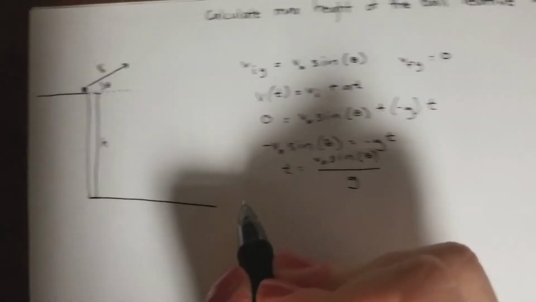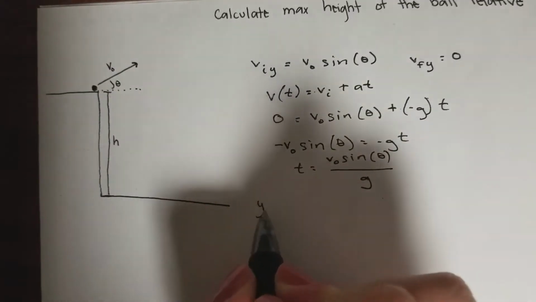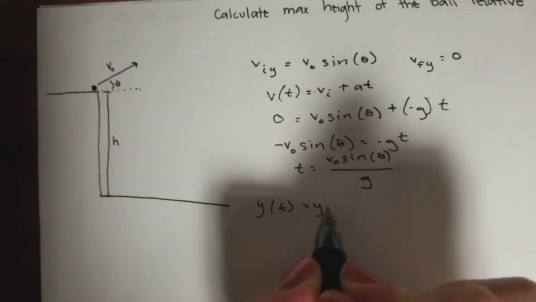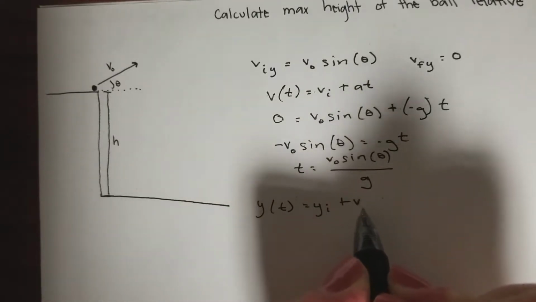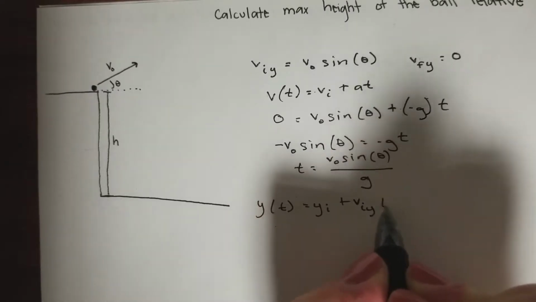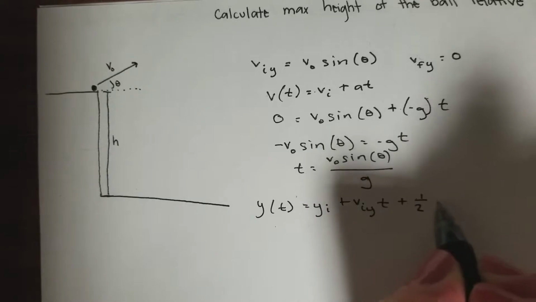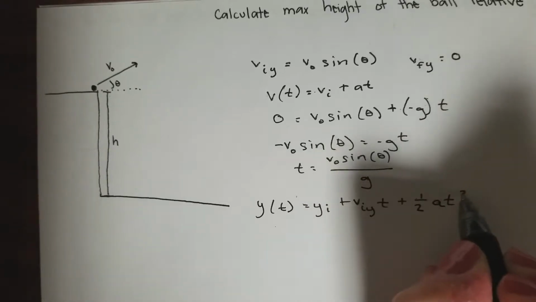And then we can use the formula y of t is equal to y initial plus v initial in the y times t plus 1/2 the acceleration times the time squared.